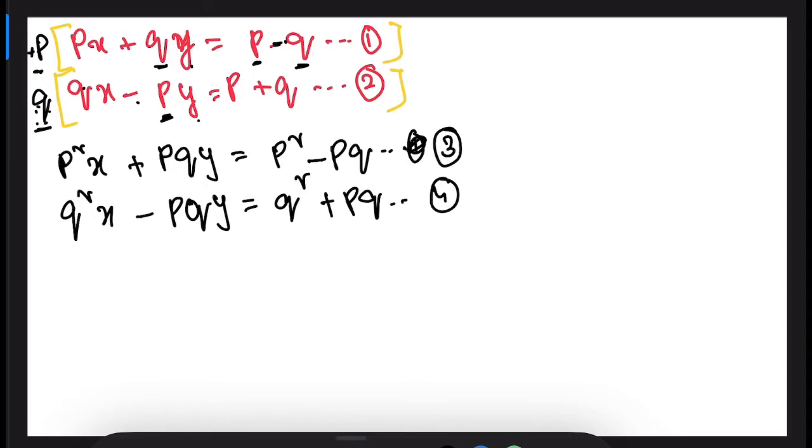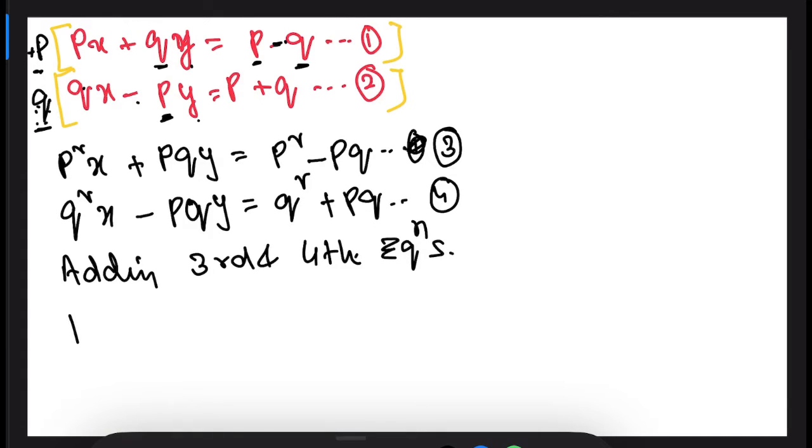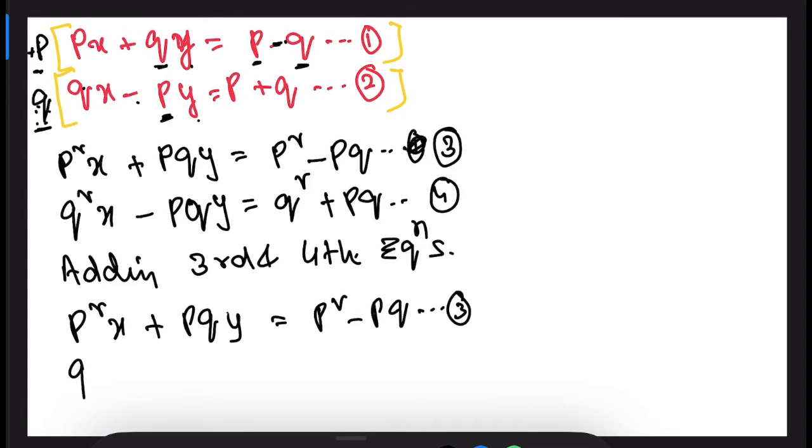Now what we shall do? By adding the third and fourth equations. Okay, so p square x plus pqy equals p square minus pq. This equation we have written again, and here q square x minus pqy equals q square plus pq.